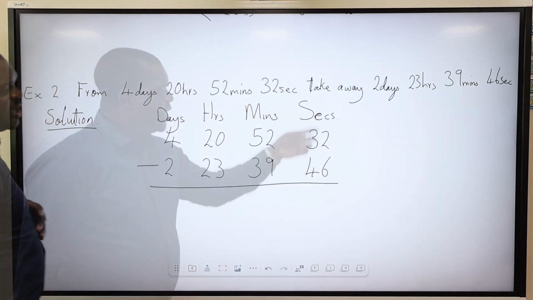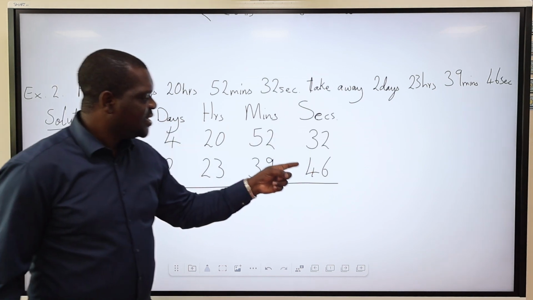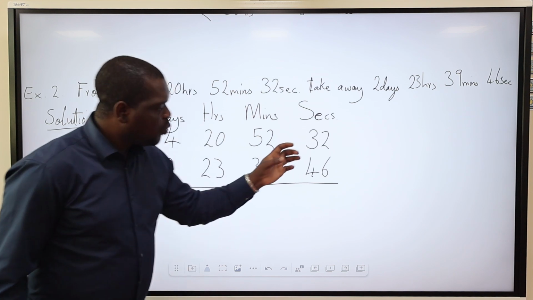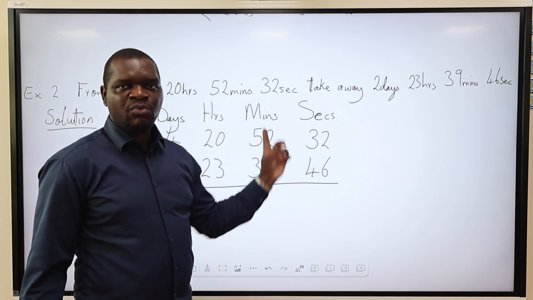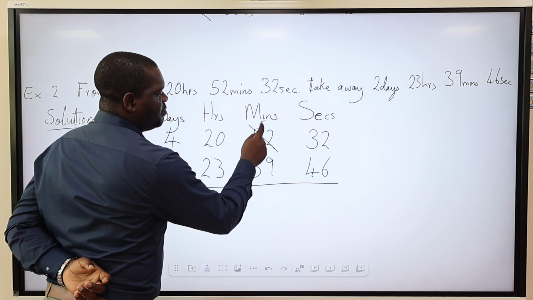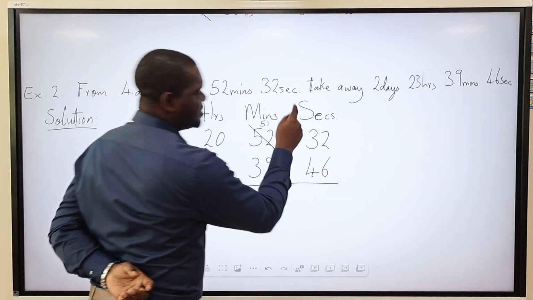We are subtracting here. If you look at this, the first thing that will get your attention is this number is bigger than this. If it is bigger, what we do is simply come to minutes and take away 1 minute, and that 1 minute becomes 60 seconds. So we take 1 from here, it becomes 51. 1 minute comes here, which becomes 60 seconds.